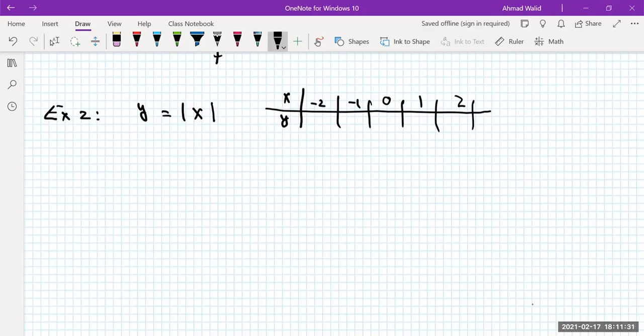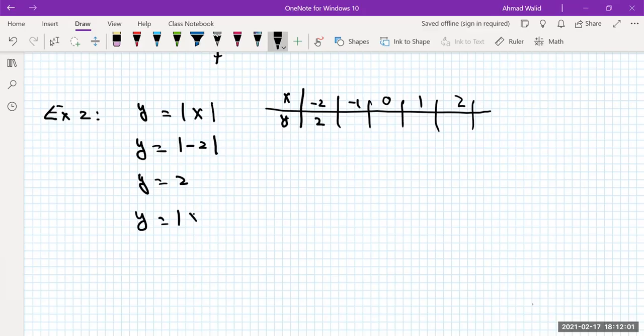Let's go this time with the negative numbers too, correct? Okay, what you do, you plug these numbers into your equation. y equals, when x is -2, it means the absolute value of -2. What is the absolute value of -2? The absolute value of any number is the number without its sign. It means y equals 2. When x is -2, y becomes 2.